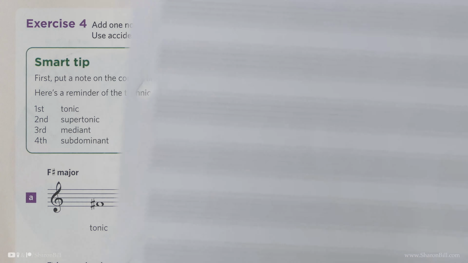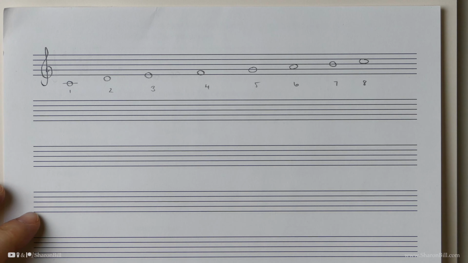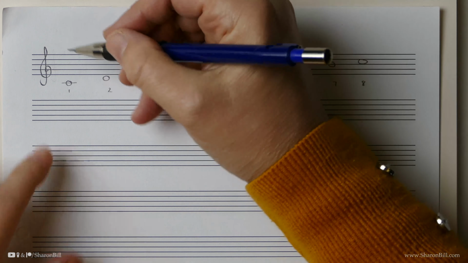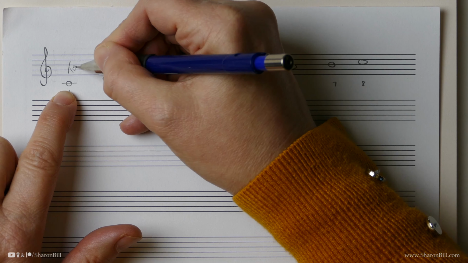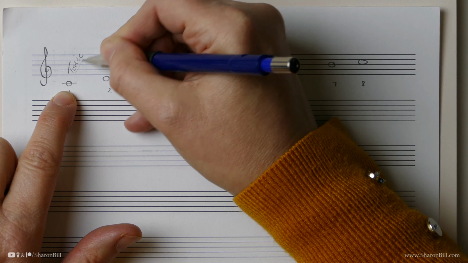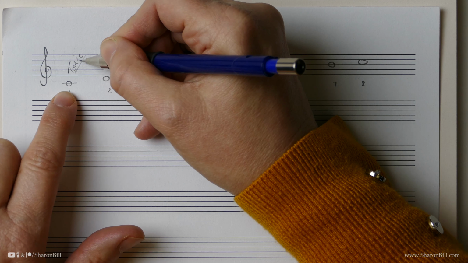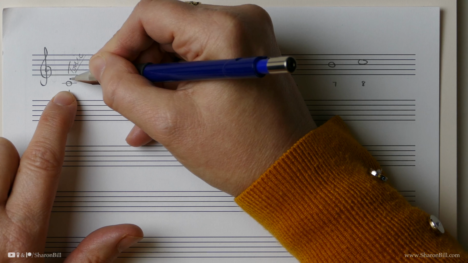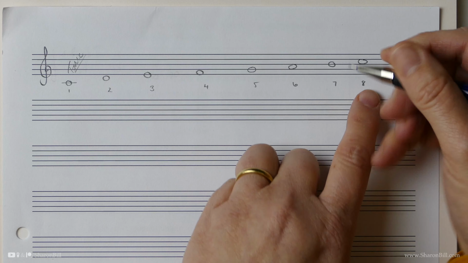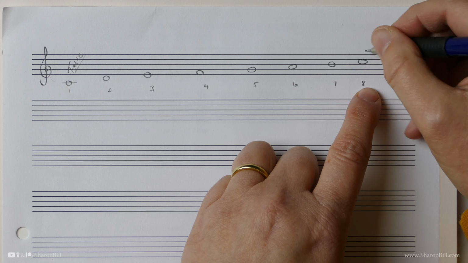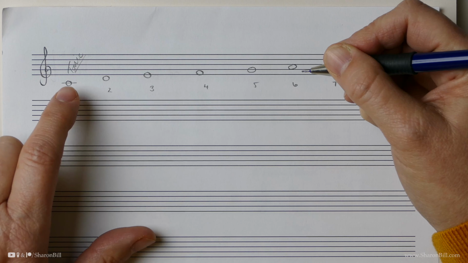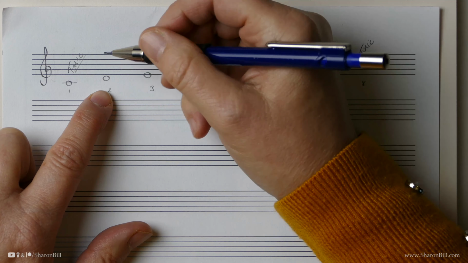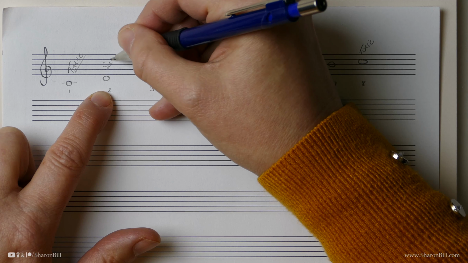So here we have a C major scale, and the first degree of the scale is the tonic. That comes from the root word tone, key. That's your home note. So C is your home note, your tone key, the tonic. The second degree is supertonic.